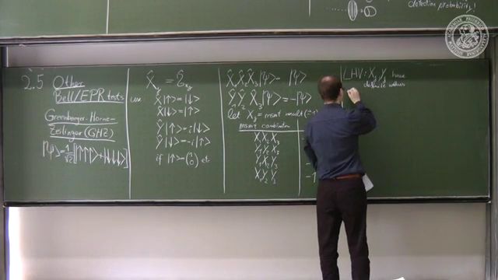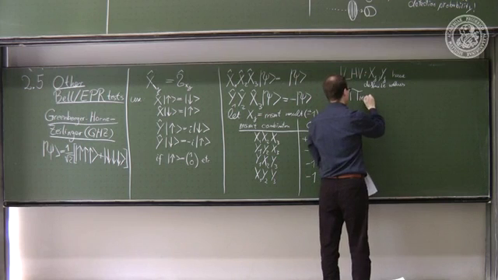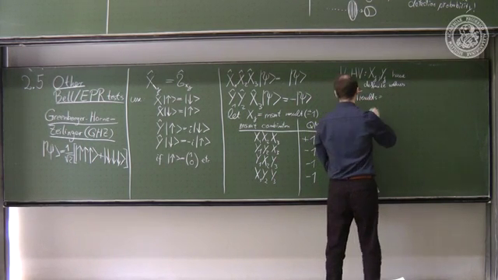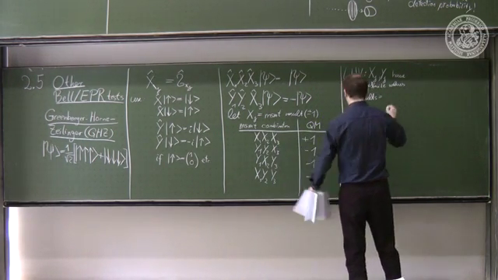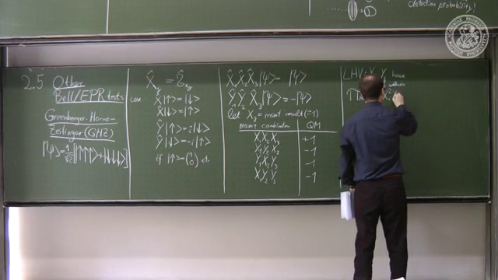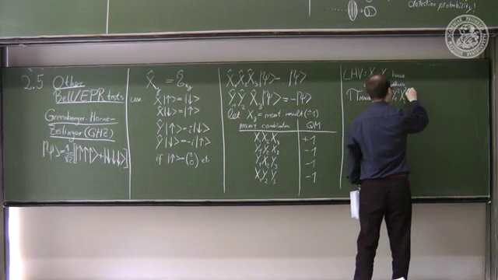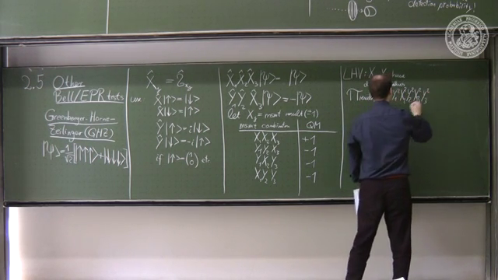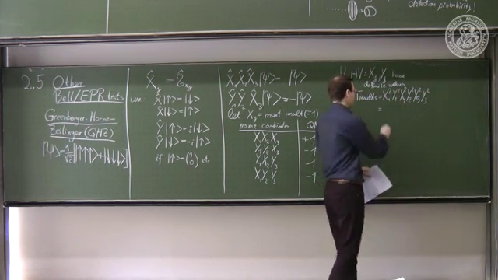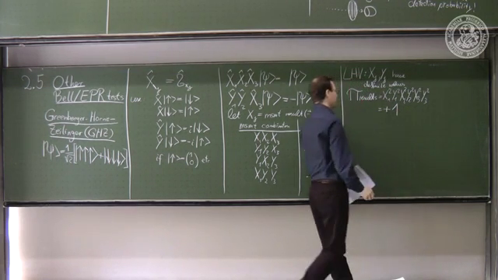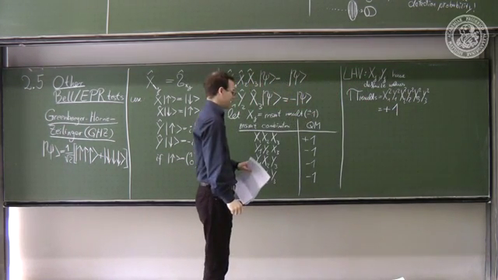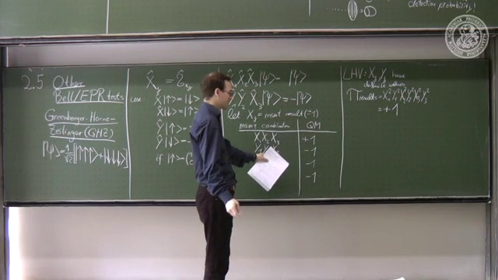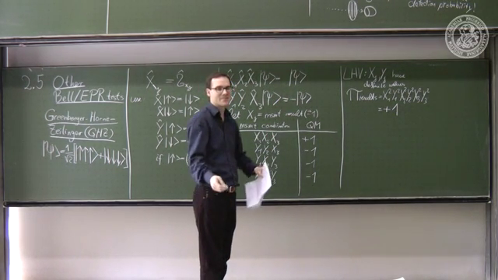So this product over all these four results, according to a local hidden variable theory, will be x1 squared, y1 squared, x2 squared, y2 squared, x3 squared, y3 squared, but this is simply plus 1. And you can readily see the contradiction, because in quantum mechanics the product is minus 1.